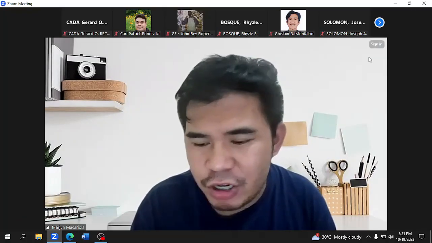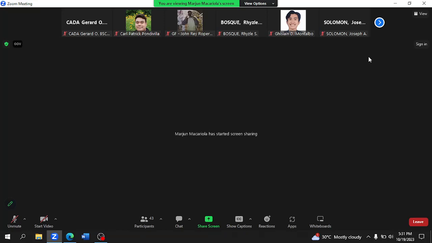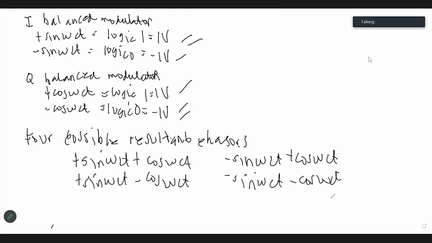Back to our computation. Okay. So, to be able to find the truth table, we're going to use the different input combinations, which are the dibits. Okay? So, using the dibits, we have four possible input combinations, which are, if Q is equal to 0 and I is equal to 0. Okay? So, that is 0, 0.